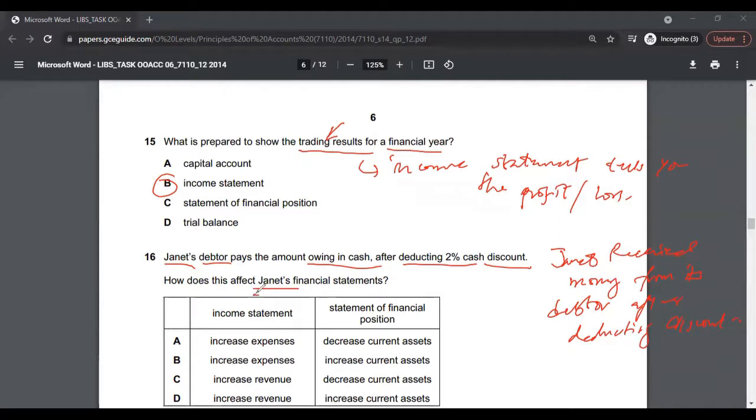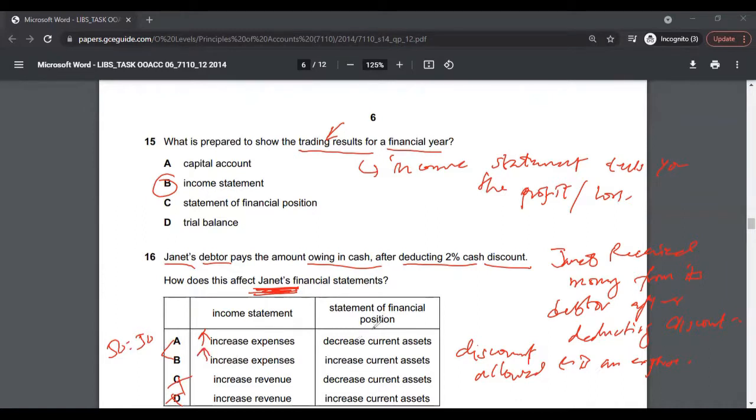How will this affect Janet's financial statements? In the income statement, there's going to be an increase in expense because discount allowed is an expense. So you can clearly eliminate options C and D. You're down to A and B, 50-50. So there's going to be an increase in expense.